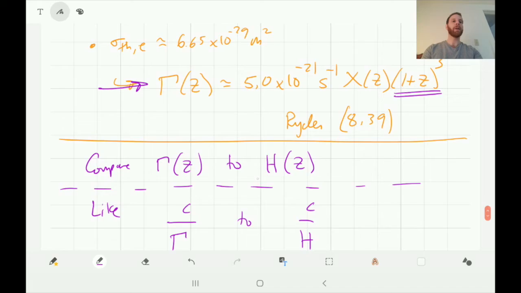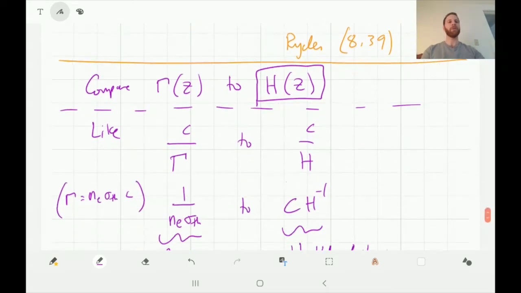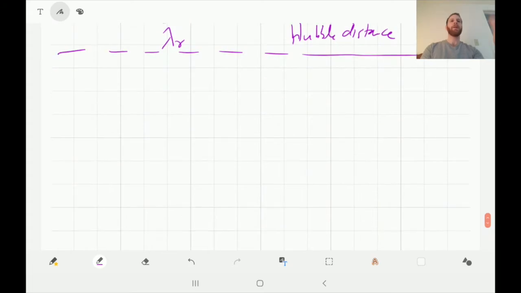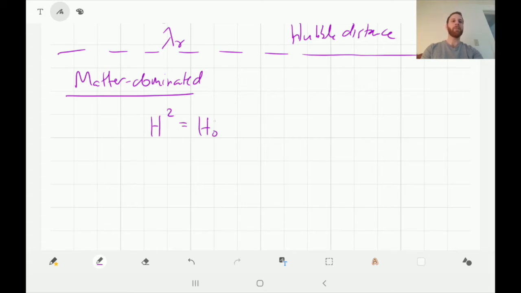That is nice because it allows us to more simply compute what the Hubble parameter is as a function of redshift. During the matter-dominated phase, we're only going to consider matter, of course. That means that the Friedmann equation is given by the Hubble parameter today, multiplied by the dimensionless density parameter in matter.